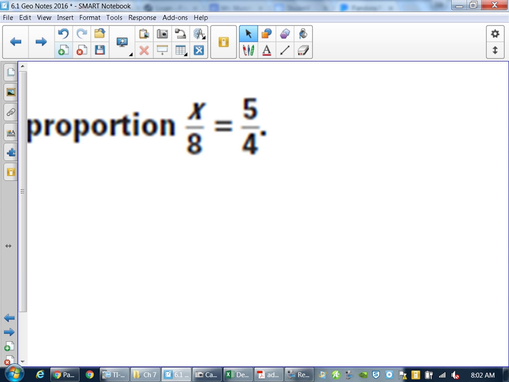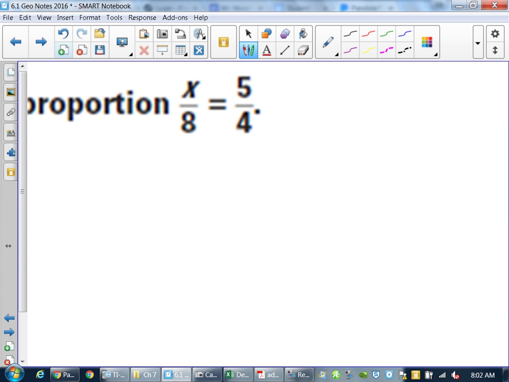Yep. That's it. Yeah, we just cross multiply. It's that fast. Okay. That's all it works out to be. Now, it's not always going to be that fast. Sometimes you might actually have to use the distributive property.